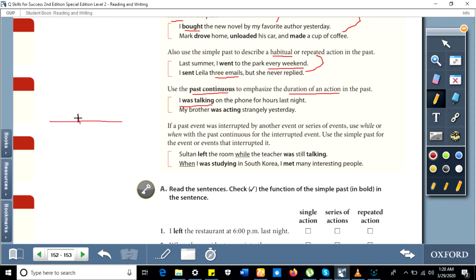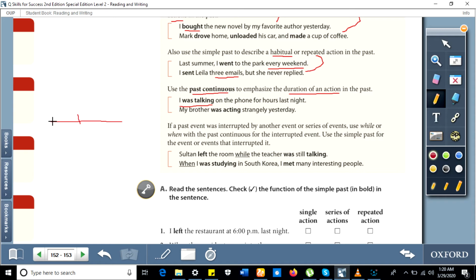So this one here is the interrupted action, right? Here the duration was interrupted by the call of your father.